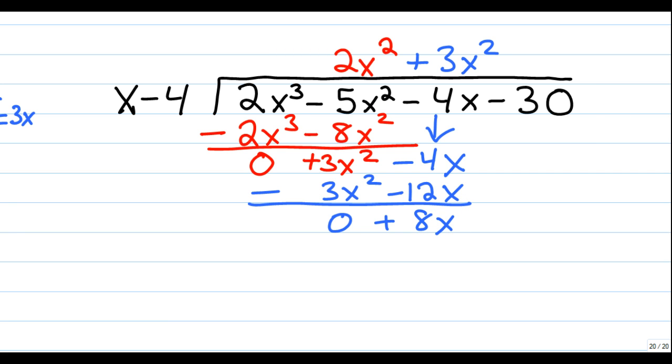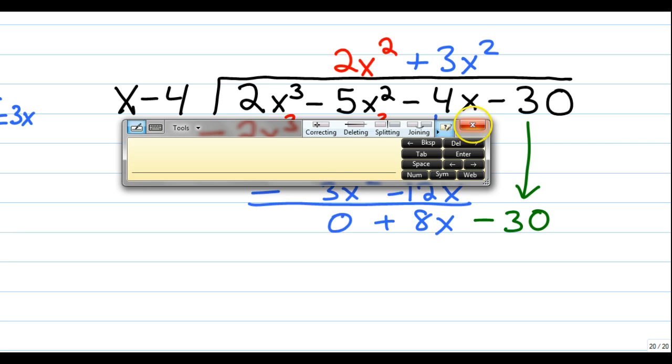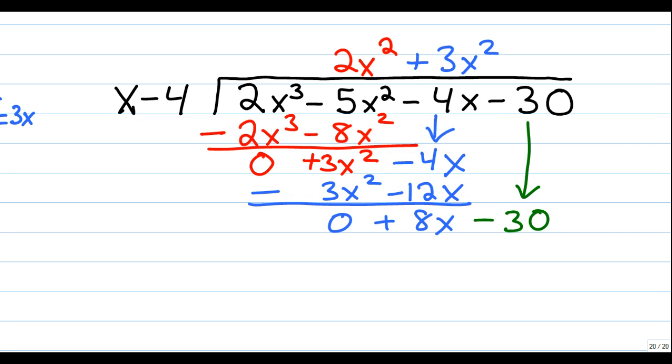All right? Now come back in, pull the next term down. So we end up with a minus 30. Again, come back over here underneath your dividend, find that first term that came out, that 8x, and divide it by the first term in your divisor, which is x again. And this equals an 8.